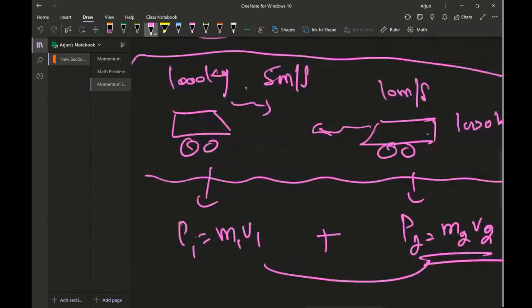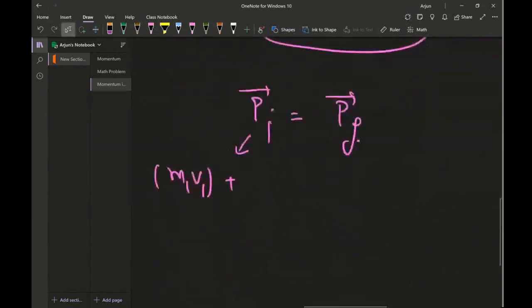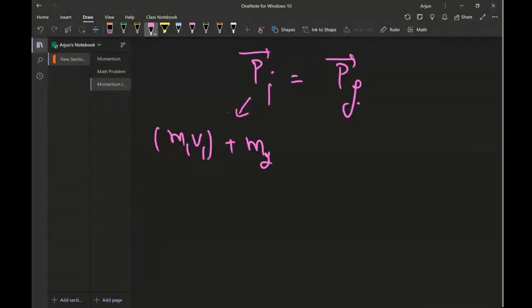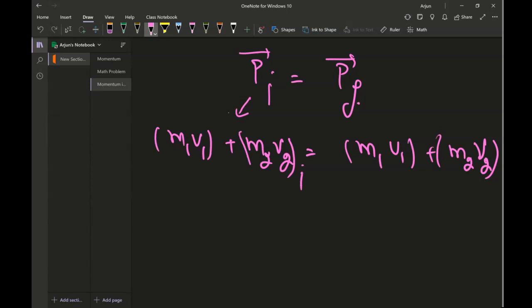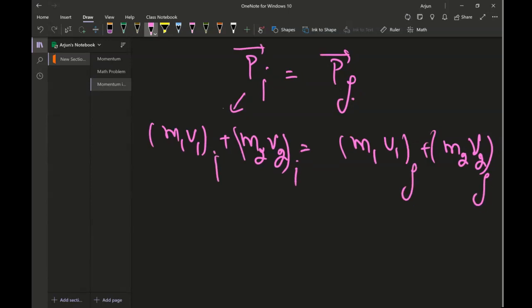For example, in this case there was one car here and another car here, so there are two cars in the system. So I'll write M1 V1 plus M2 V2 equal to M1 V1 plus M2 V2. These were the initial ones, so I'll put an initial here, and this is final, so I'll put a final down here.